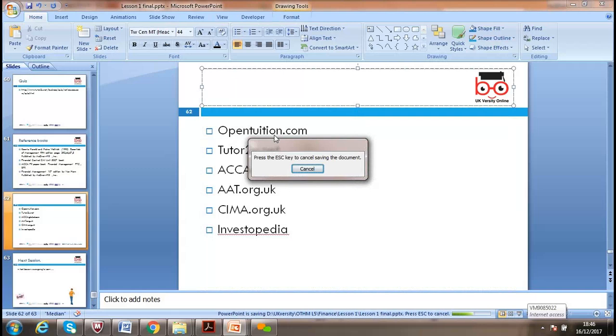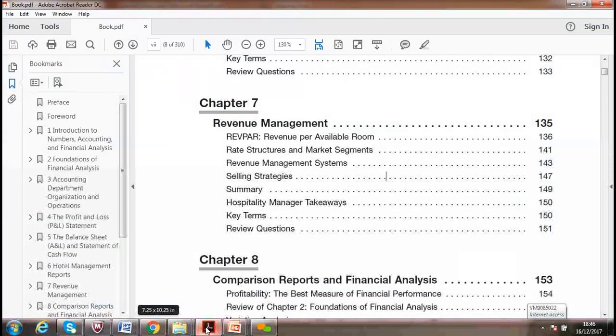Plus, you need to write the references as well.